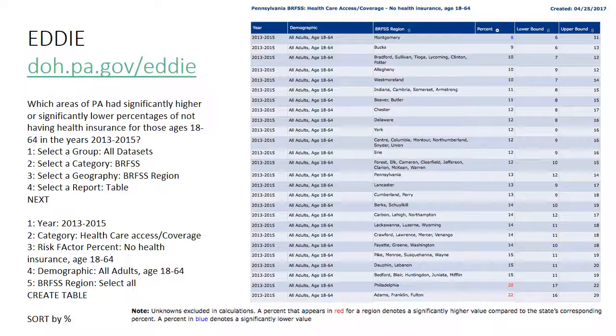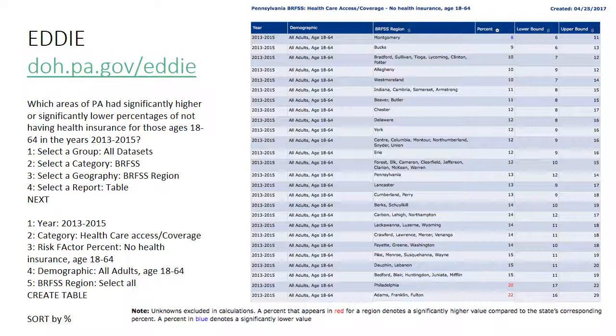And then we want to go down to the bottom of the list and find those regions that had the highest reported not having health care coverage insurance in that time frame.